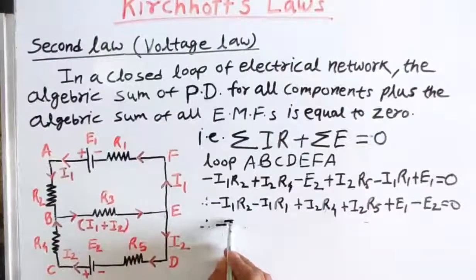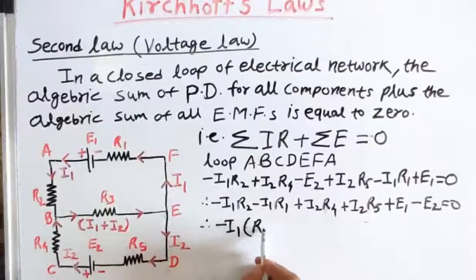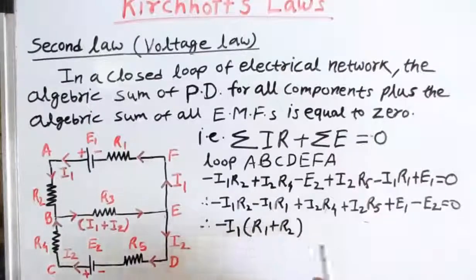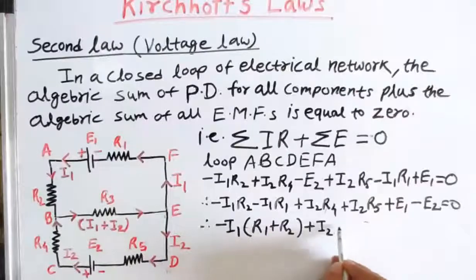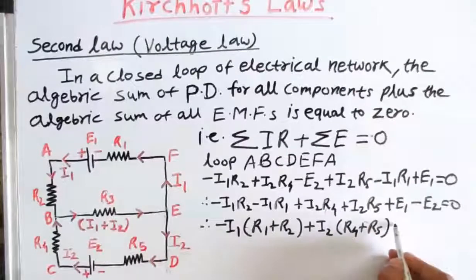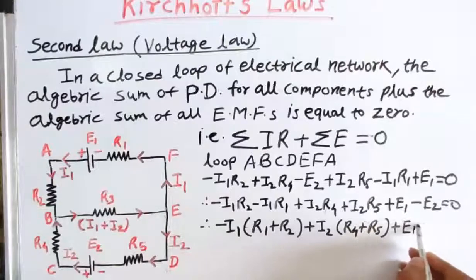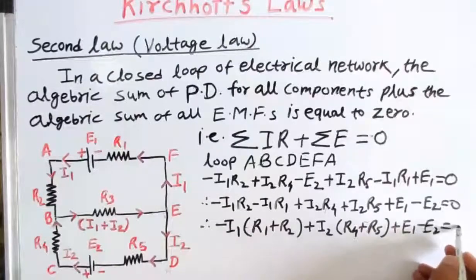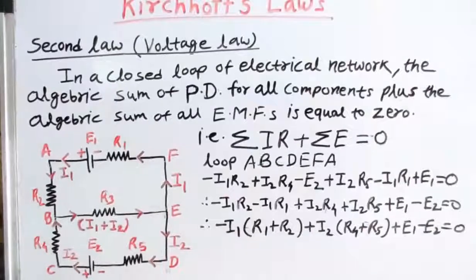Therefore, we can write minus I1 into bracket R1 plus R2, plus I2 into bracket R4 plus R5, plus E1 minus E2 is equal to 0.